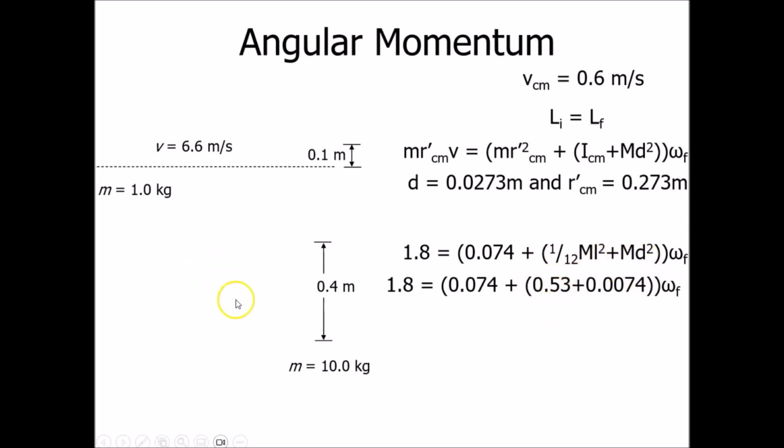So I can plug in my numbers. For the mass would be 10. The length was 0.8, that's L. And now we can solve for omega f. We end up getting 2.93 radians per second. So we found the velocity of the center of mass, and we figured out what the angular speed of that thing rotating is.